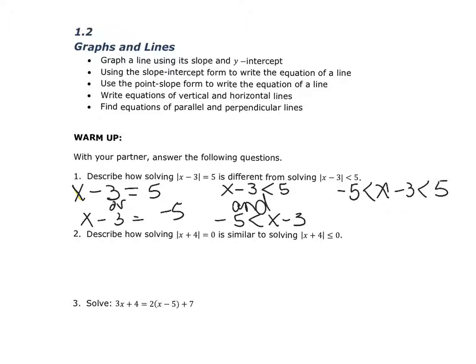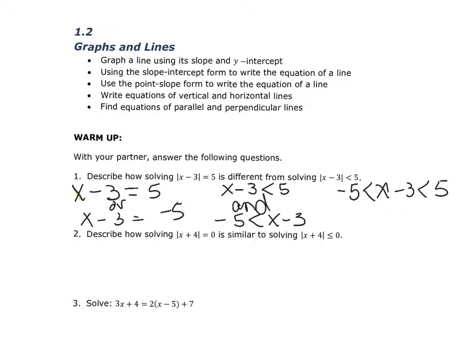If I look at number 2, these are going to be similar. Now I said the first one wasn't. On number 1 they weren't completely similar. On number 2 they're more similar, and that's because the absolute value is either equal to 0 or less than or equal to 0. That's the important part, is the 0. Because I could, but it makes no sense to, bust this apart into two equations where I have x plus 4 is equal to positive 0 and x plus 4 is equal to negative 0, because 0 doesn't have a negative or a positive.